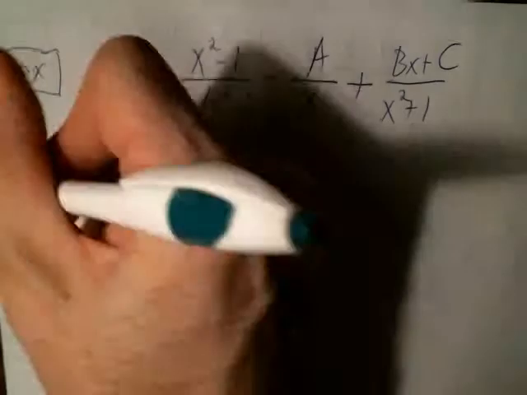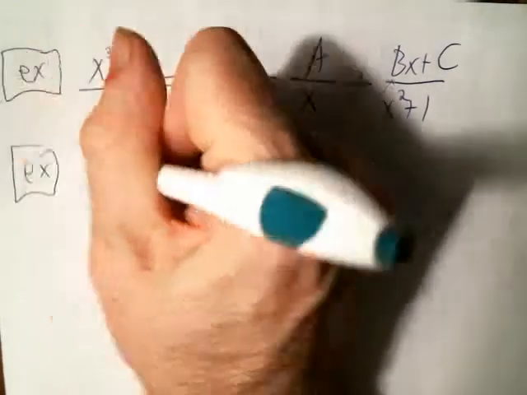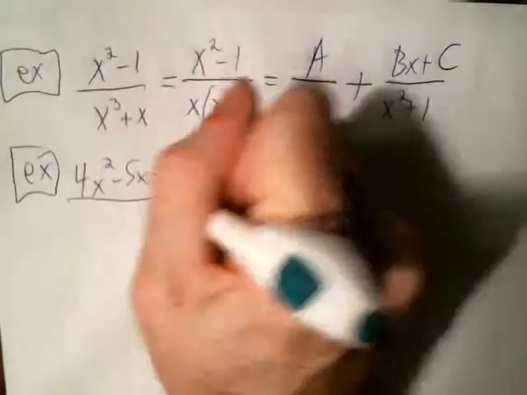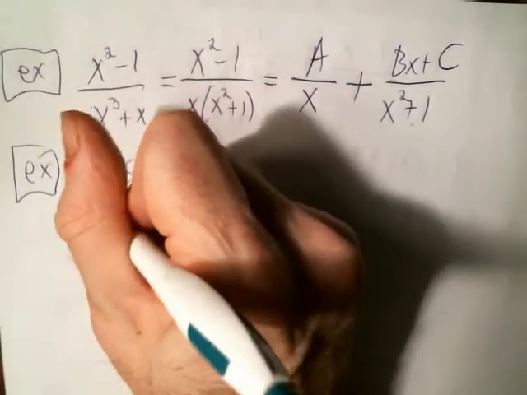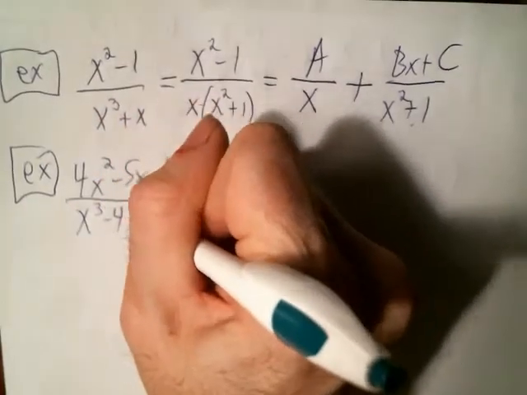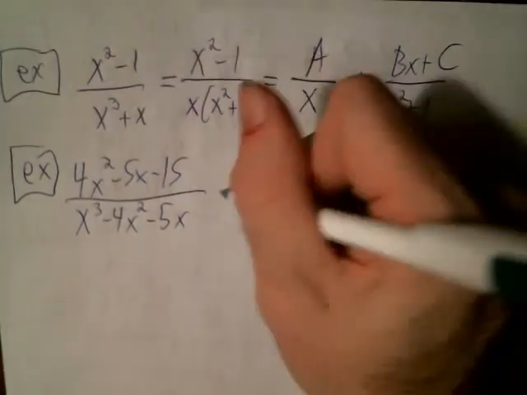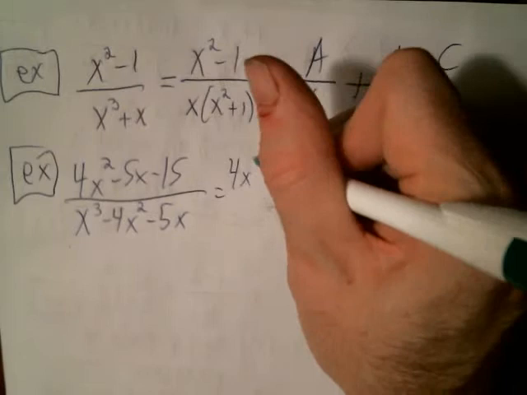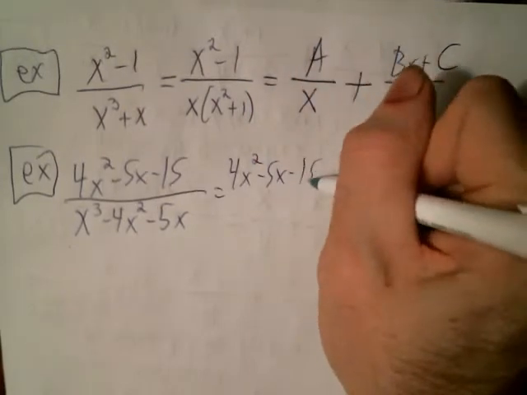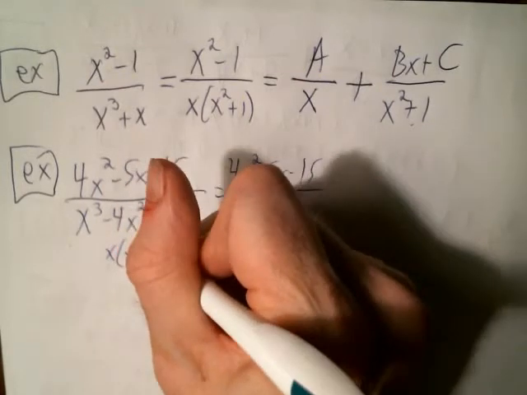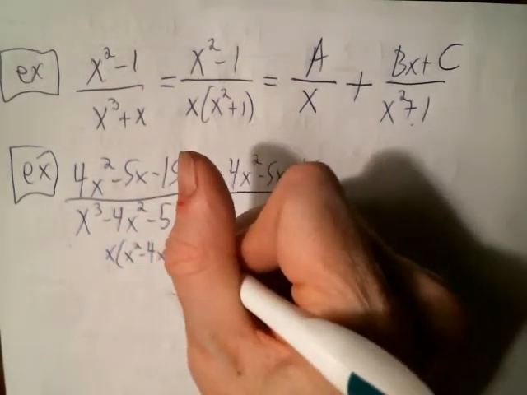Okay, one more. I need to, again, factor the denominator. So if I factor out an x, I'll have x squared minus 4x minus 5.